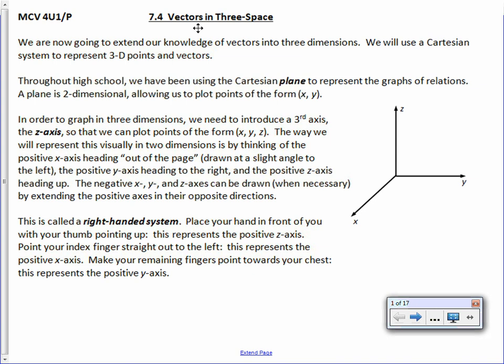And so the way we represent this visually is to think of the x-axis coming out of the page. So this is a perspective drawing scenario. Really what's happening is this x-axis is really doing this. For those of you watching the video, I've literally put a smartboard marker coming straight, perpendicularly out of the board.